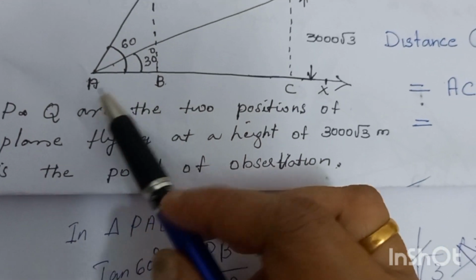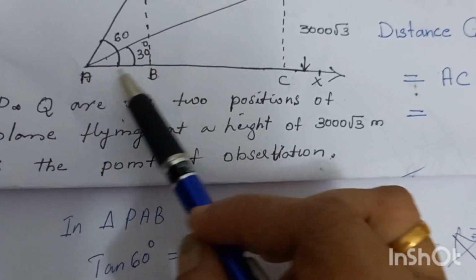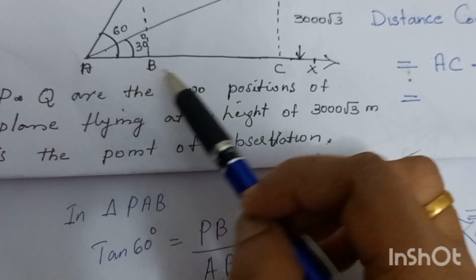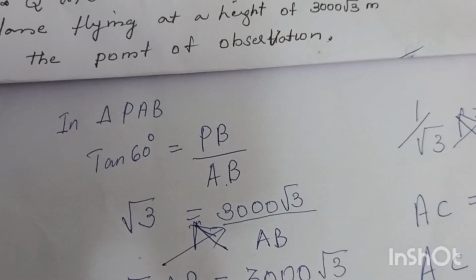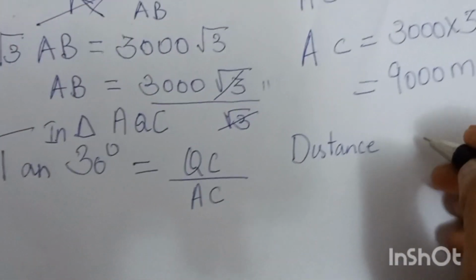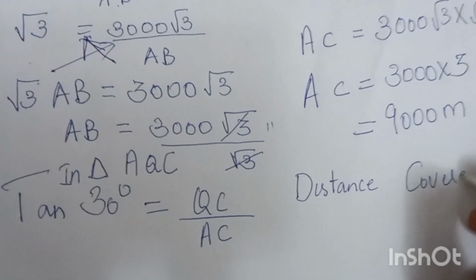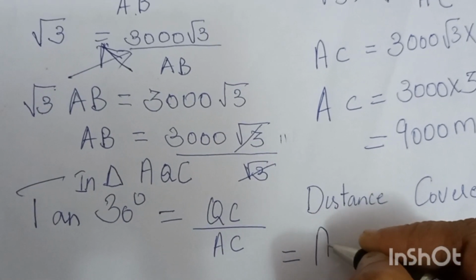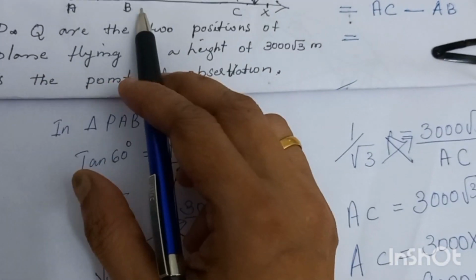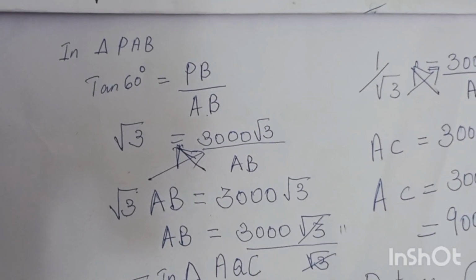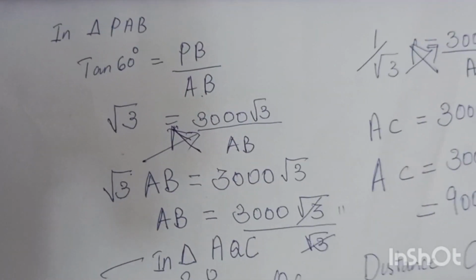So the distance between, we have to find the distance between P and Q. So distance covered is equal to B to C. BC is equal to AC minus AB.